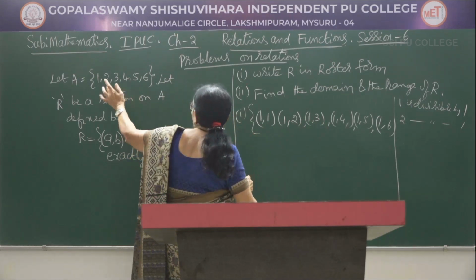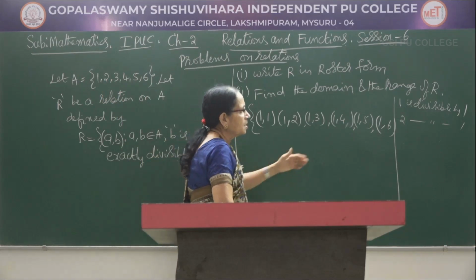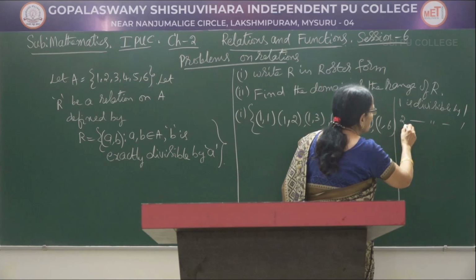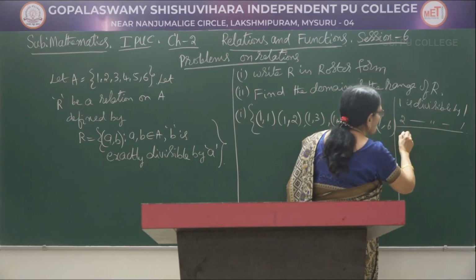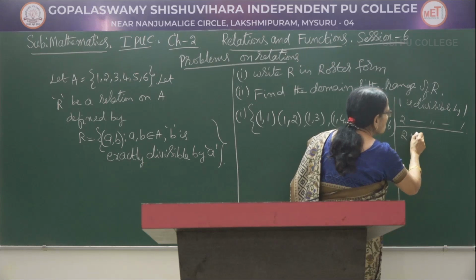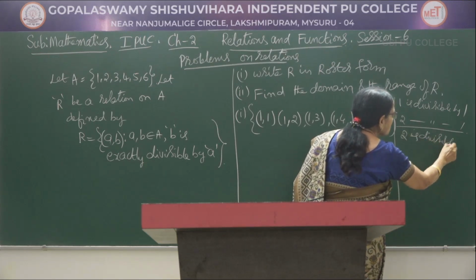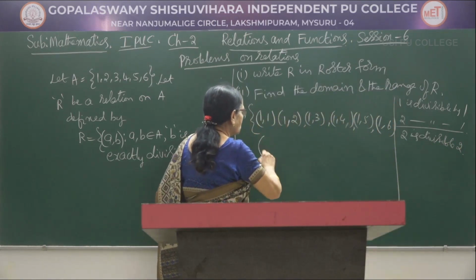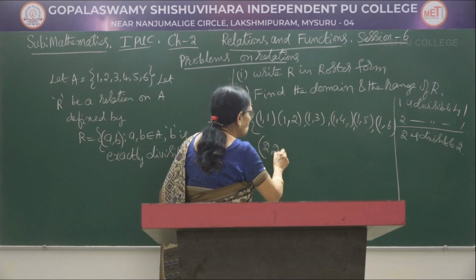Now, take the second element 2. Can 2 divide 2? 2 is divisible by 2, isn't it? That means I can write here (2, 2).